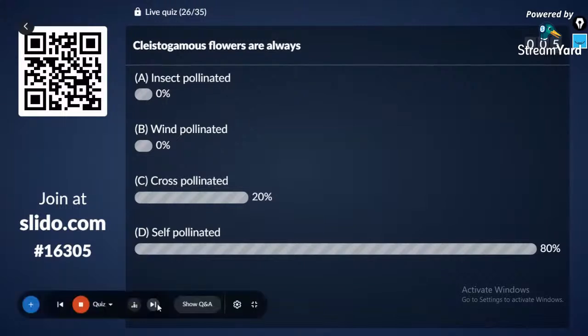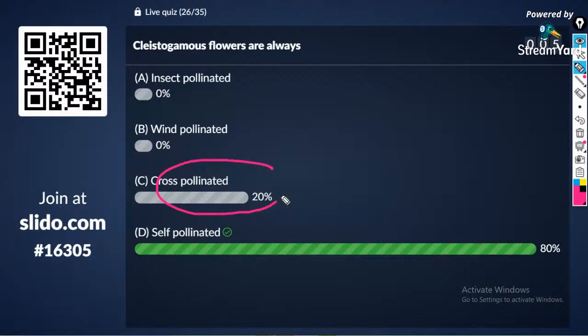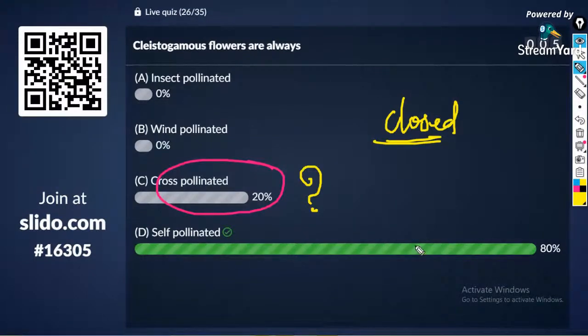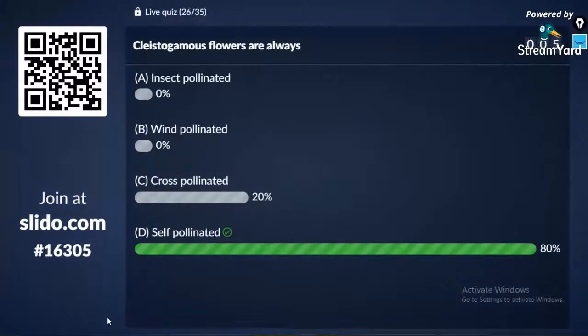I don't know who the 20% of students are who voted for cross pollination. Could you explain how these plants are cross pollinated? I told you they are closed flowers, they do not open at all. So how can a pollinating agent enter, or how can the pollen grains come out? No chance.